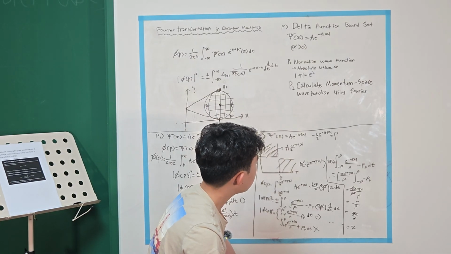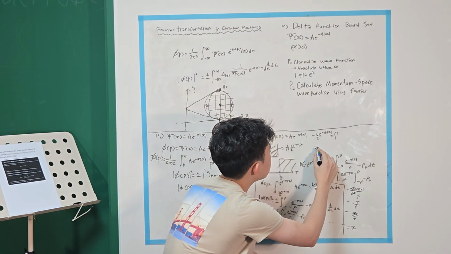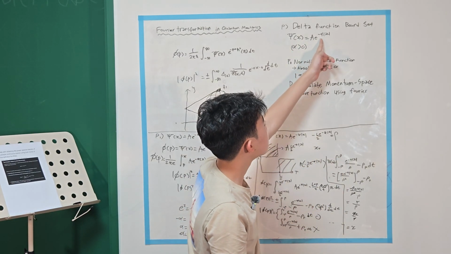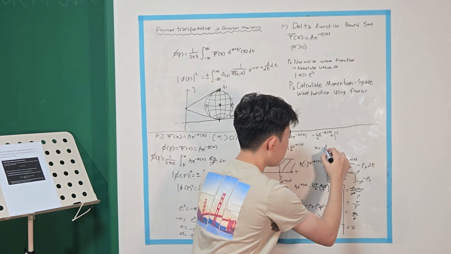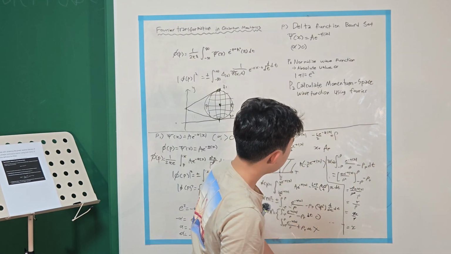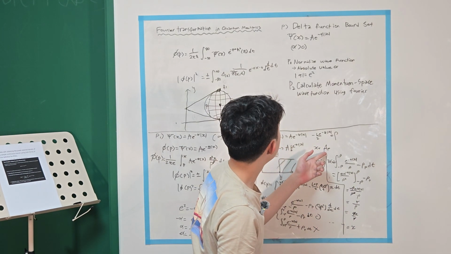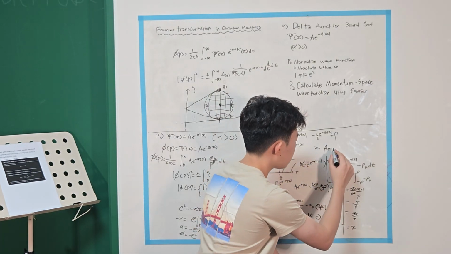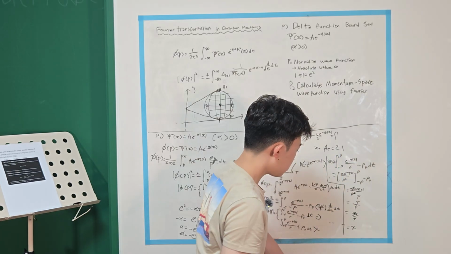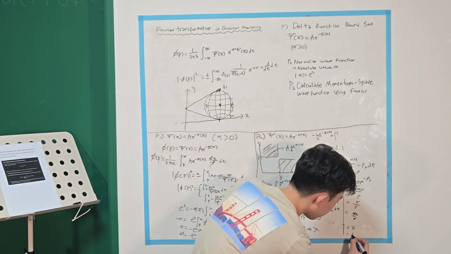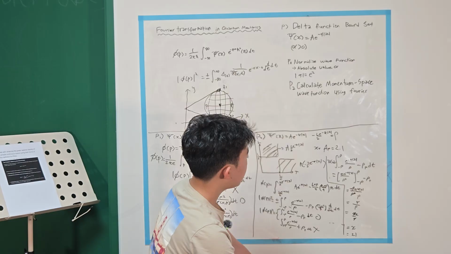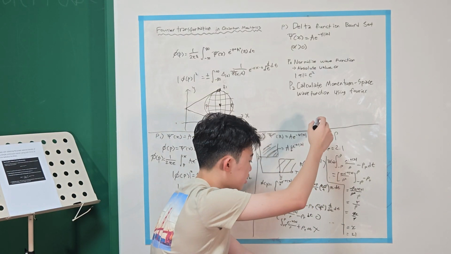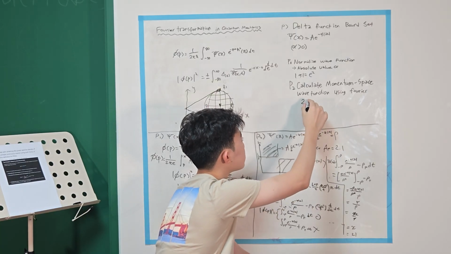And we knew that x was, this was phi, right? This was the radius. This was x. And this one was equal to phi, which was 2.1. Then this equals 2.1. And then we know that if we calculate the momentum space wave function, it'll be 2.1.